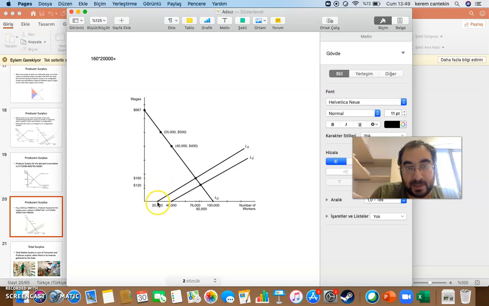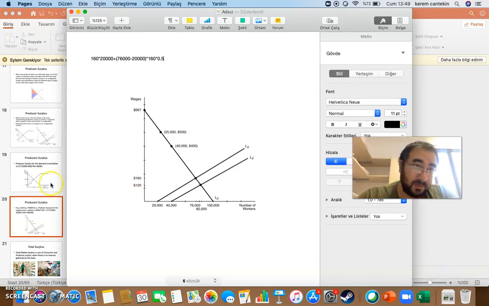I mean, this triangle that starts from 0 to 160 and goes from 20,000 to 76,000, times 160 times 0.5. It's difficult to calculate, kind of.